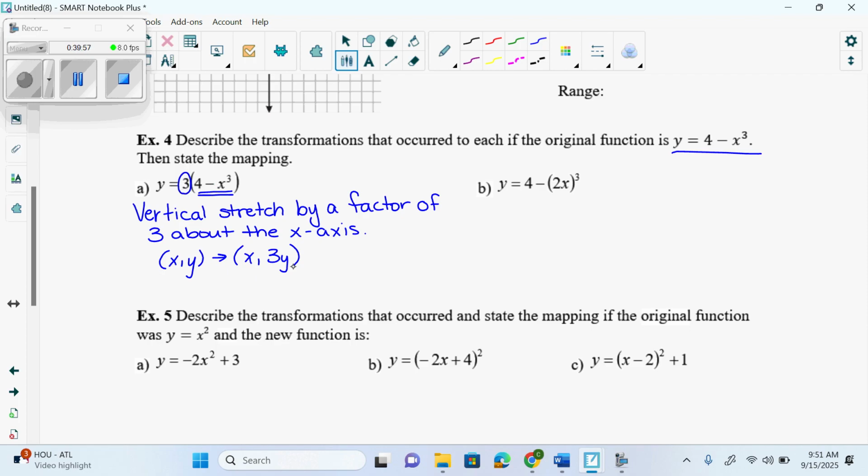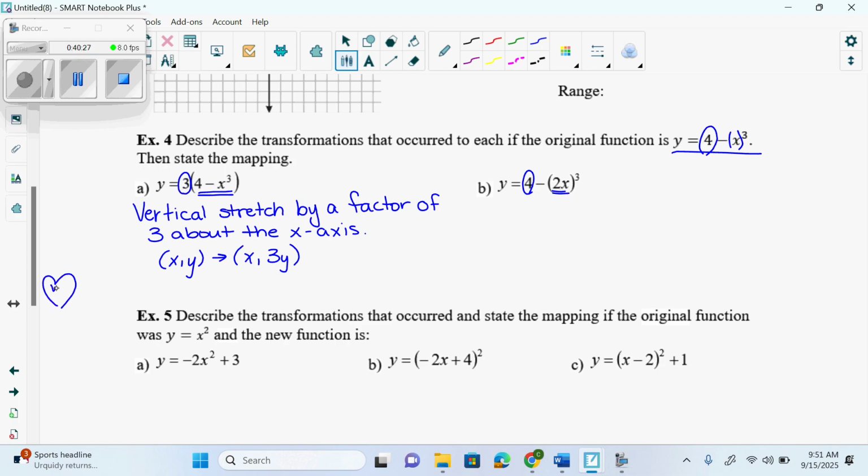Okay. Whenever you have a squared x or a cubic x or x to the 4 or something like that, it has to be in brackets squared or in brackets cubed or in brackets 4 to affect the x. Yes? It has to be with it. So my 4 is the same. That didn't change. And then I have x cubed, and now I have 2x cubed. So is that with the x or not with the x? It's with the x.